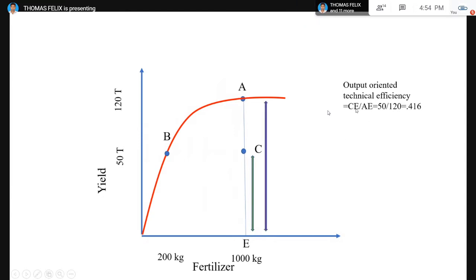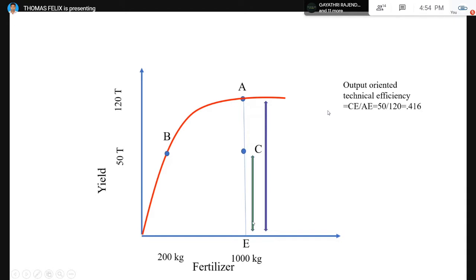As we know, CE is the 50 tonnes of yield he produces. So 50 tonnes divided by 120 tonnes, we will get 0.416. So Chinnasamy is lagging in yield at 0.416.